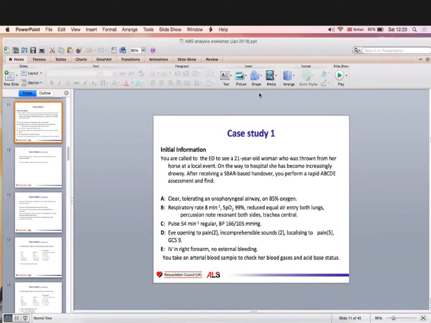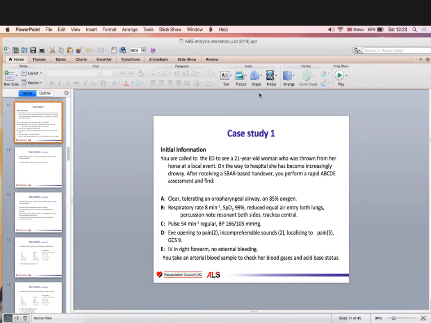If you are thrown from a running horse, you can get a significant injury. In contrast, if you get an injury from a stationary horse, it will be mild. And it says the patient is becoming increasingly drowsy. If the patient is drowsy, there's something going on in the head, isn't it? So we can make a fair assumption that the patient has a head injury.